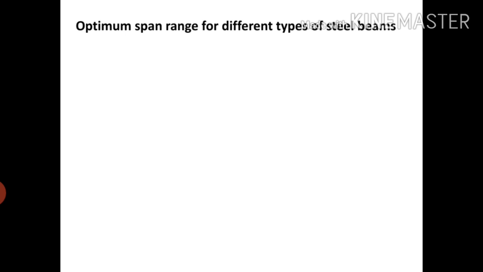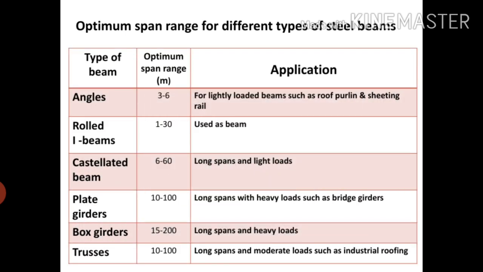Then what are the optimum span ranges for different types of steel beams? So here are the types of beams, optimum span range and the applications. Angles are generally used as a beam element for 3 to 6 meter span, and these are generally used for lightly loaded beams such as roof purlins and sheeting rails.